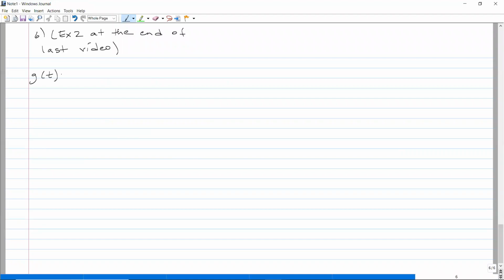The function g we write as u2 times t minus 2 plus u3 times 6 minus 2t plus u4 times t minus 4. In this case, the Laplace transform.